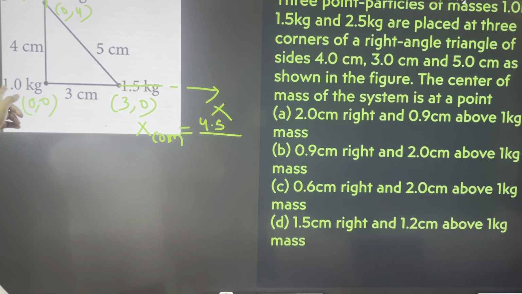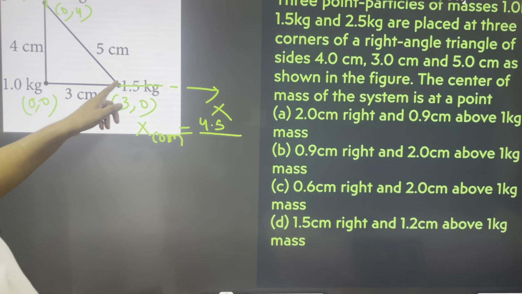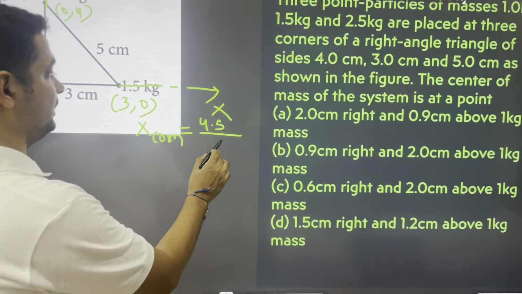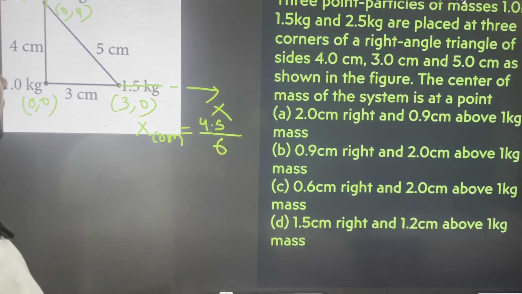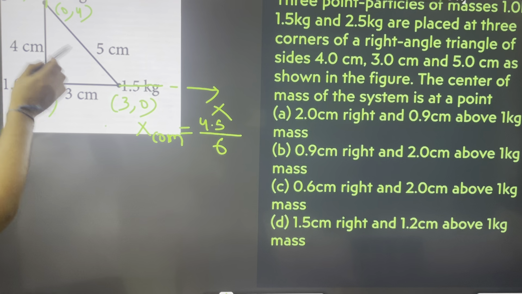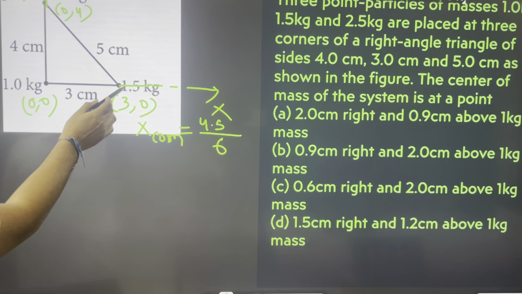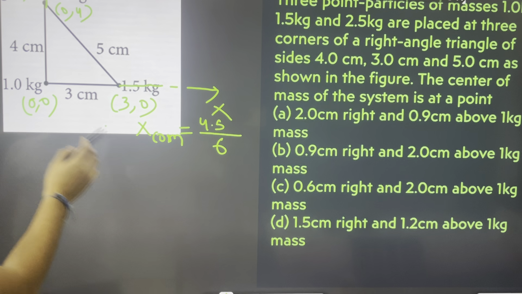Always you have to divide by the total mass. 1 plus 2.5 is 3.5, plus 1.5 is... once you check the calculation, 2.5 plus 1.5 is 4, plus 1 is 5. Sorry, it is 5.